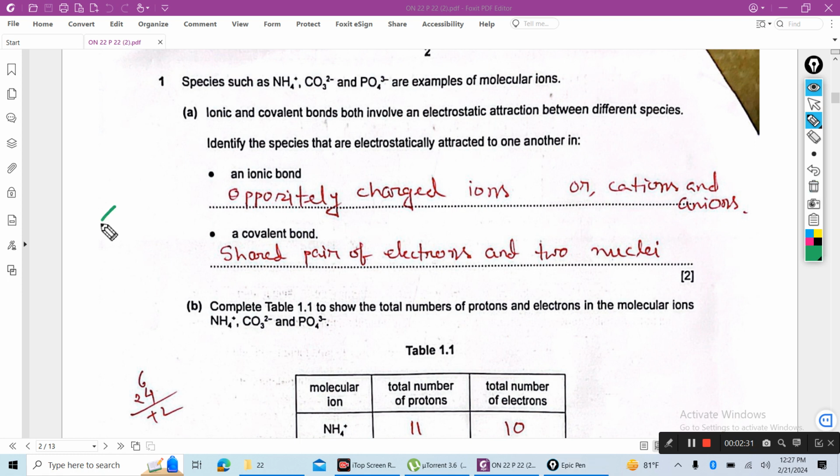This is the nucleus, nuclei. This is the shared pair of electrons, two electrons shared. So the attraction between the shared pair of electrons and the nuclei of atoms is known as a covalent bond.